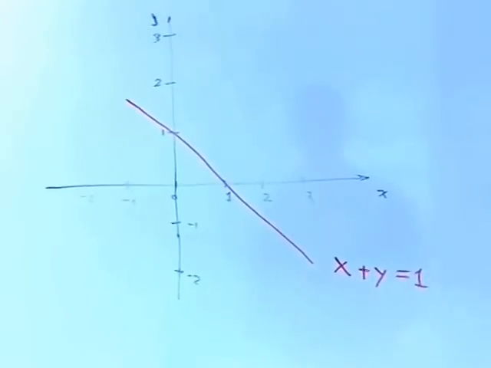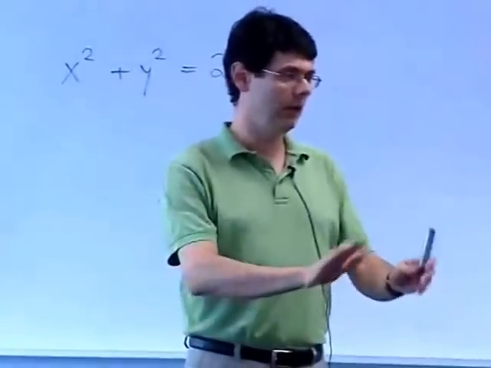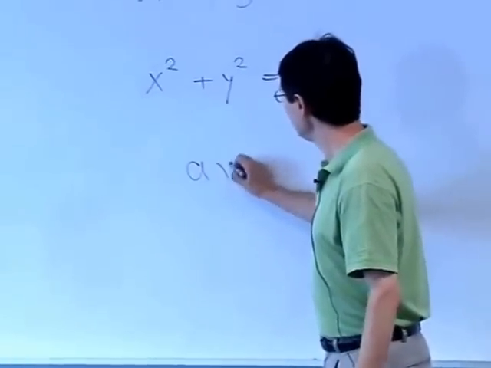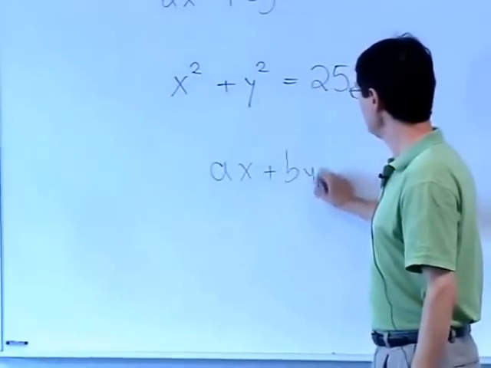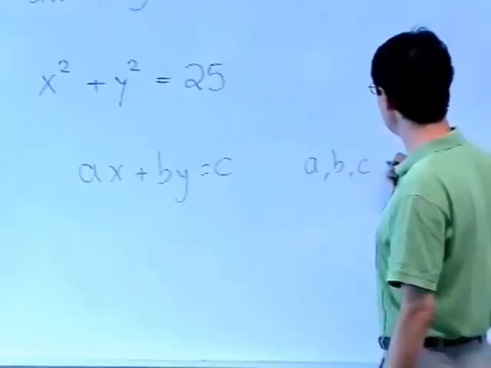One of the things that Descartes showed is that it doesn't matter which straight line you're talking about. They all have kind of the same shape. They all look like this. AX plus BY equals C. A, B, and C are numbers.